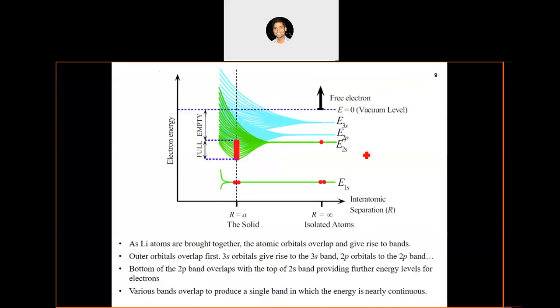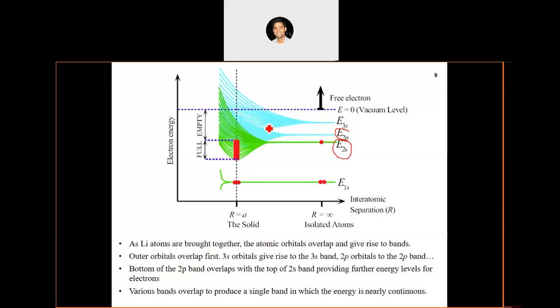So far we were discussing only the 2s orbitals interacting with each other and forming a 2s band. These green lines represent the molecular orbitals or energy levels formed by 2s electrons. But there will also be 2p and 3s energy levels in lithium.